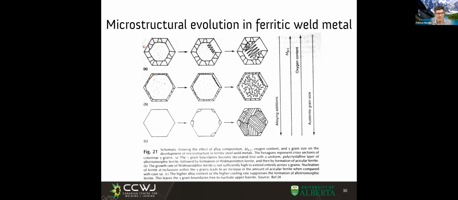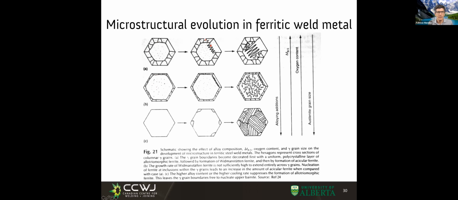If I cool fast, I have less time for nucleating this primary ferrite, and that's why, see the T85, this is a long T85, medium T85, and if the T85 is very small and we cool down very fast, we don't even give a chance for primary ferrite to appear, right?